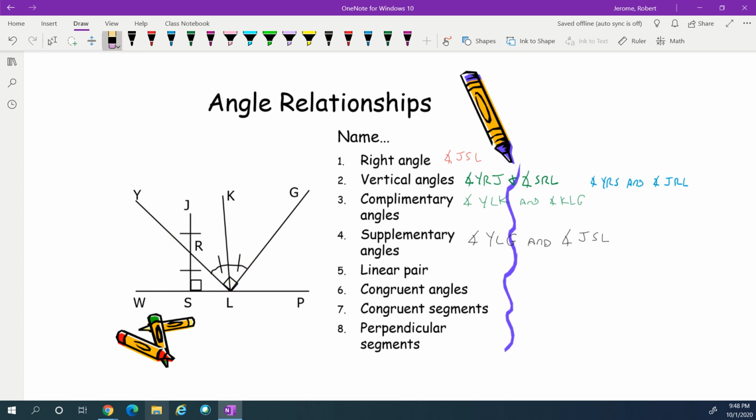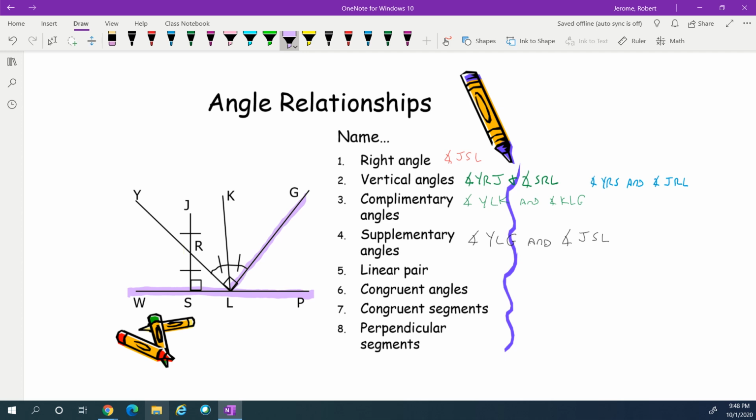A linear pair. Well, a linear pair also has to be supplementary. But now they have to be adjacent. The two that we just did were not adjacent. And if you remember our discussion, a linear pair is always going to look like a Y. So I'm going to find a big letter Y in the picture. So let's see. There we go.